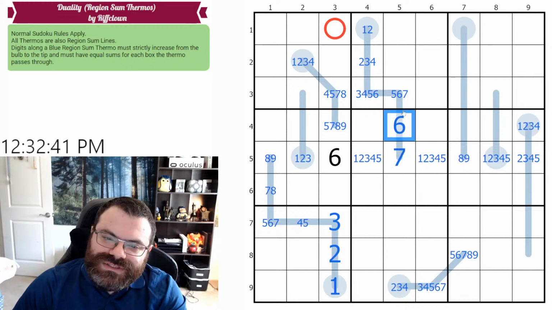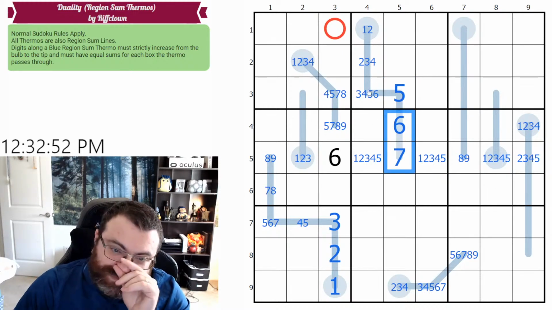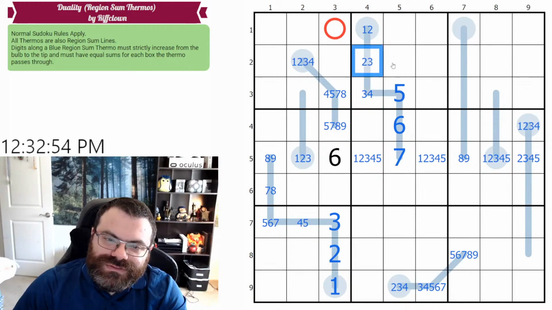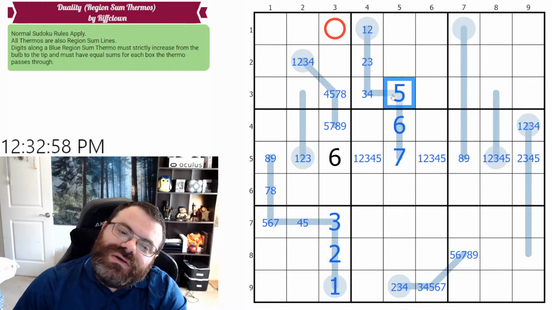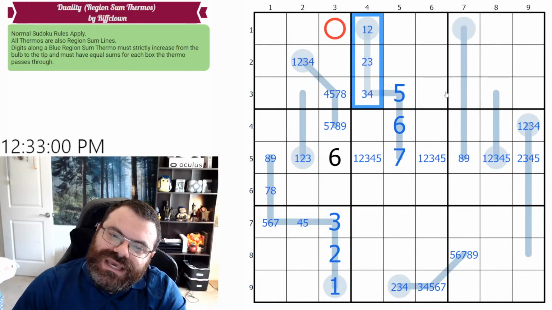That places this 7, 6, 5, right? So this adds to 13. We have 5 already, so these add to 8.